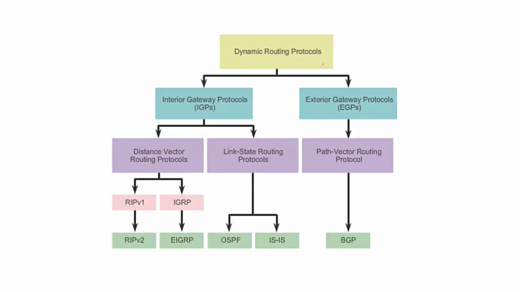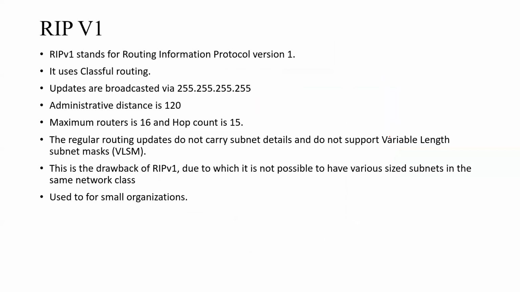This is the same classification we discussed earlier. When it comes to dynamic routing protocols, we start with RIP version 1. RIP stands for routing information protocol version 1. It is a classful routing protocol.